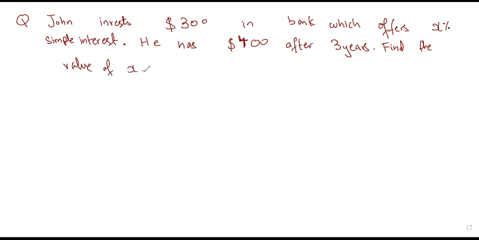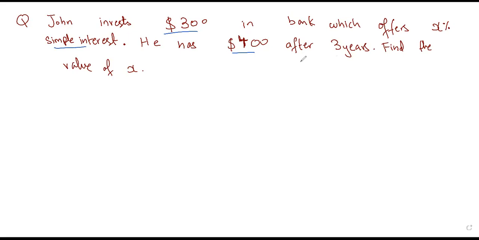All right. Now this is the question. What do we have? John invests $300 in a bank which offers X% simple interest. He has $400 after 3 years. Find the value of X.